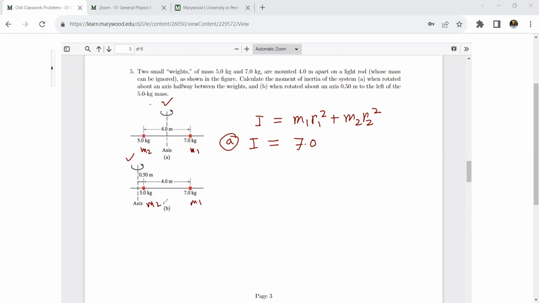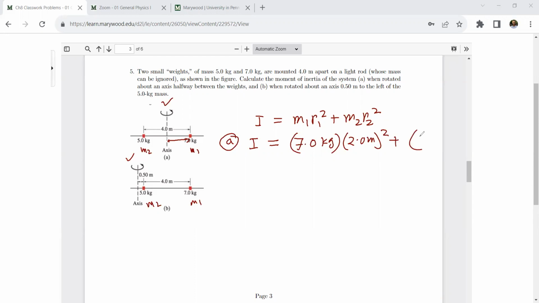So M1 is 7 kilogram. So R1 for M1 is this distance, right? And because it is the center, it will be 2 meter. So 2 meters square.